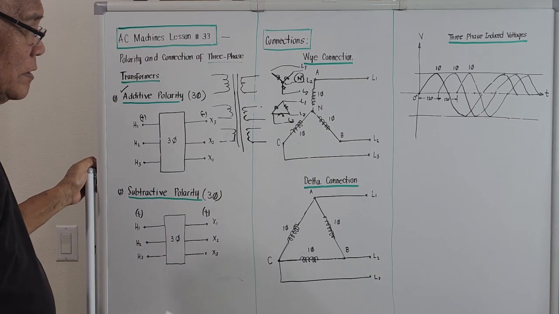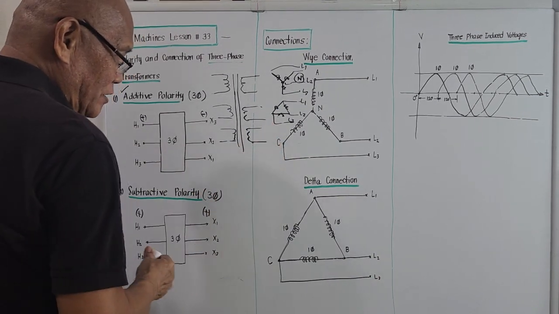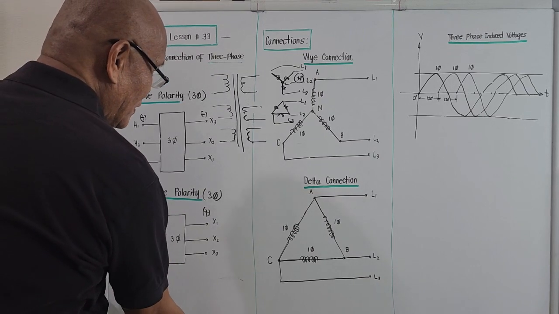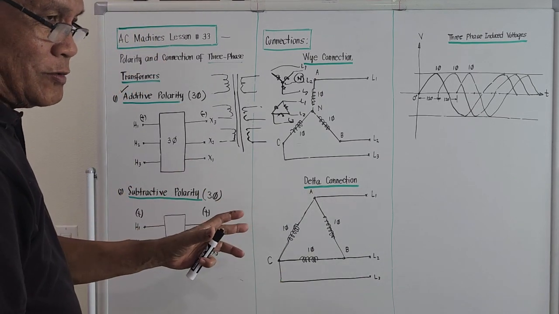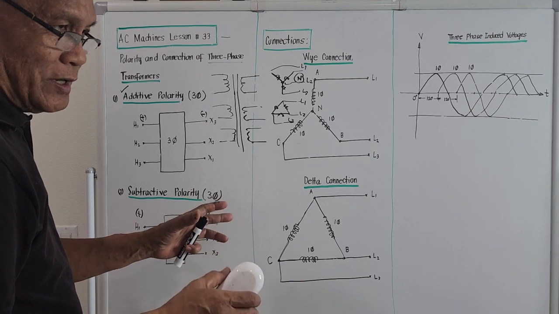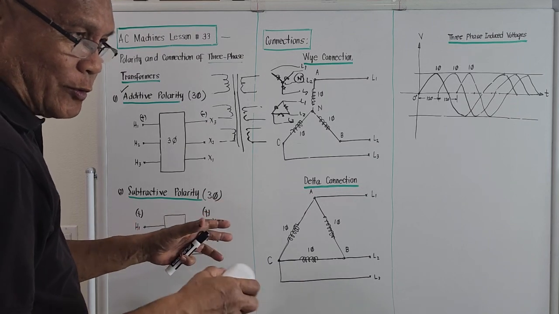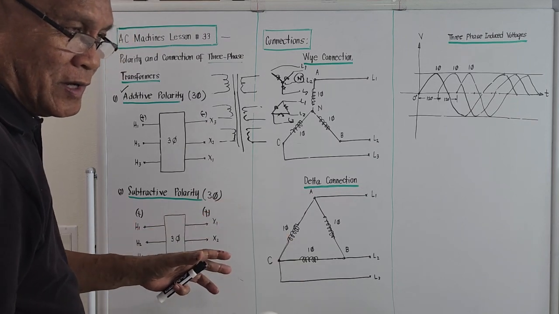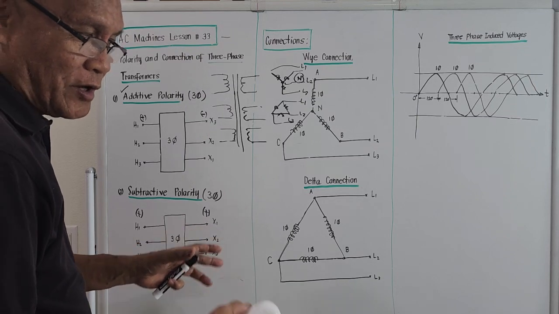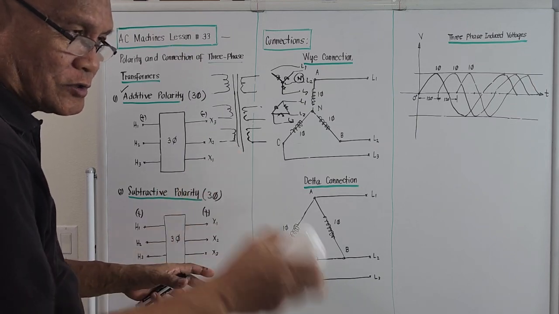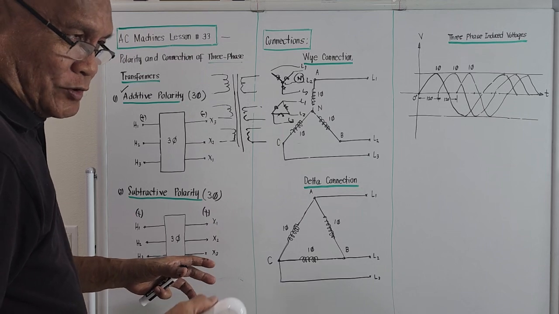I will erase this so it will look good. So at least we now know how a three-phase is brought out. Three-phase is actually an interconnection of three single-phase transformers.